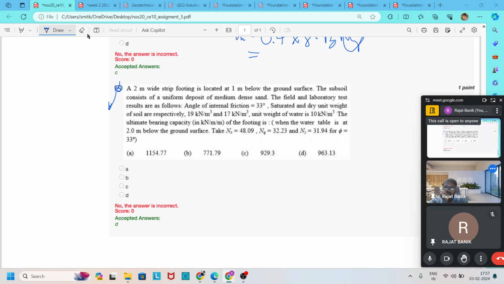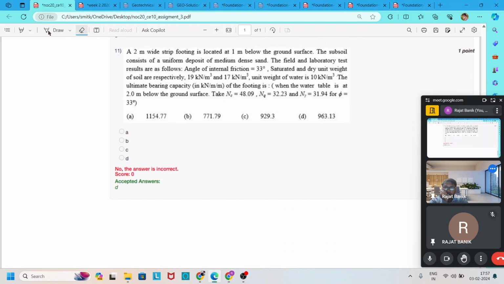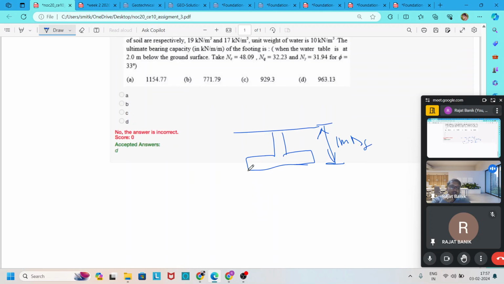Here it is given that the foundation is present at a depth of 1 meter from the ground surface. So the depth of the foundation Df is 1 meter. Width of the foundation is given here as 2 meter.